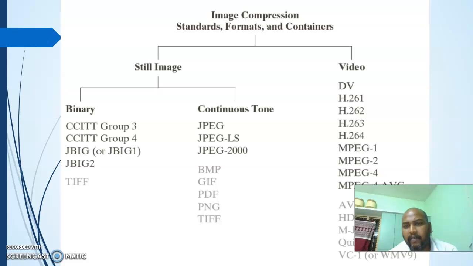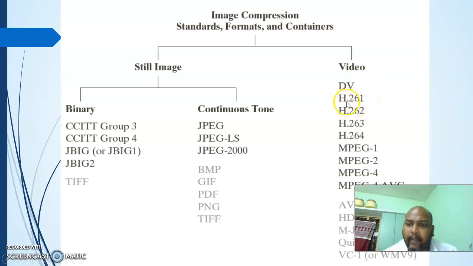Then there is video, that is a sequence of images, where we have digital video. After that there are standardized codecs by two organizations, the International Telecommunication Union and ISO. These organizations have different compression standards.